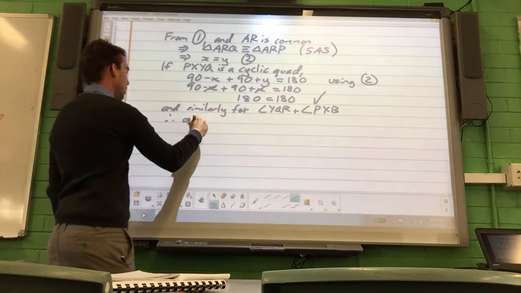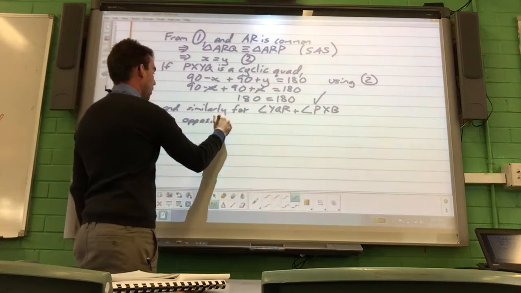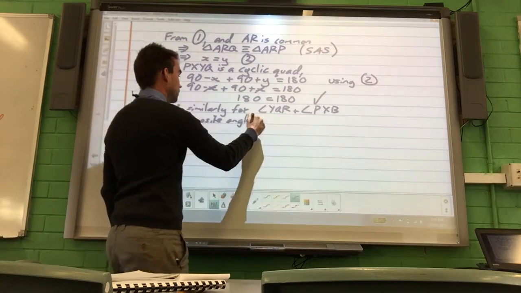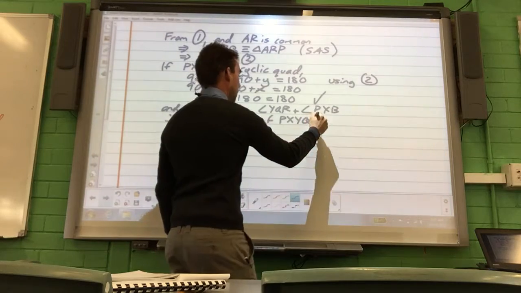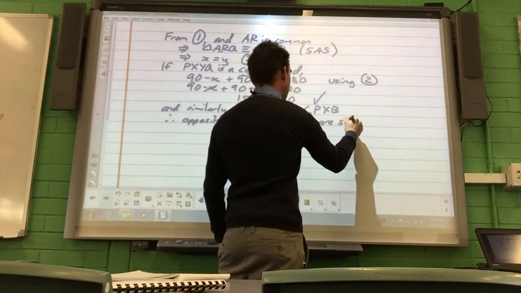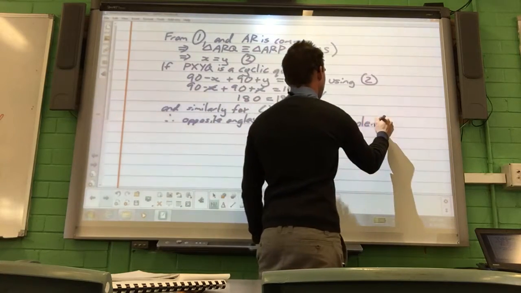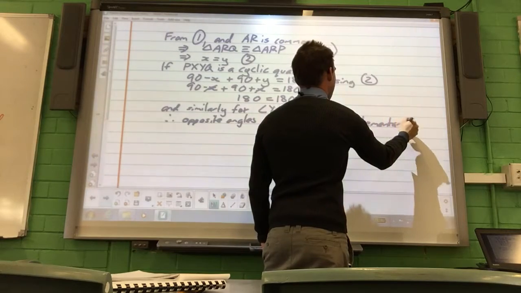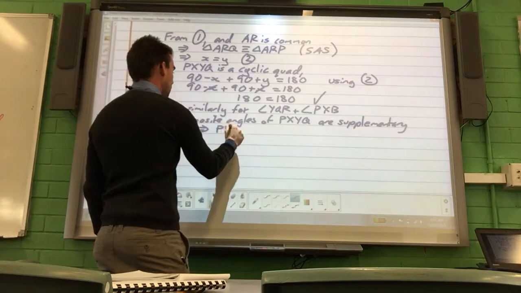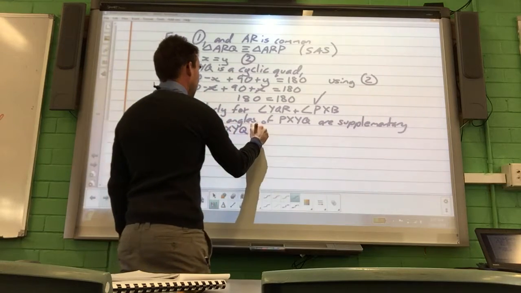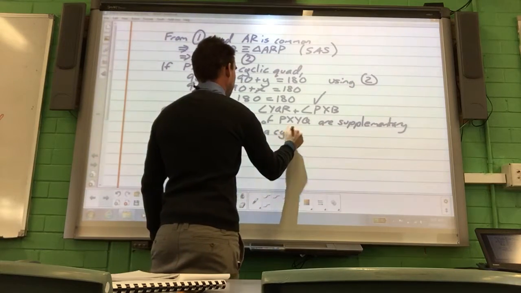Therefore, opposite angles of PXYQ are supplementary, which implies that PXYQ is a cyclic quad.